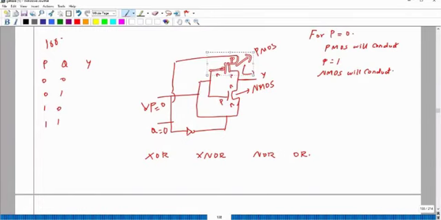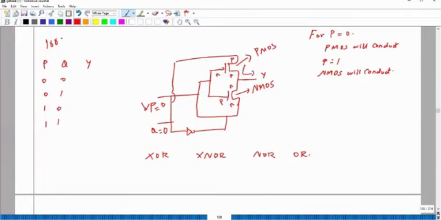So it will reach Y, and the value of Q is 0. For the next state, P is equal to 0 and Q is 1. The value of Q will reach Y.